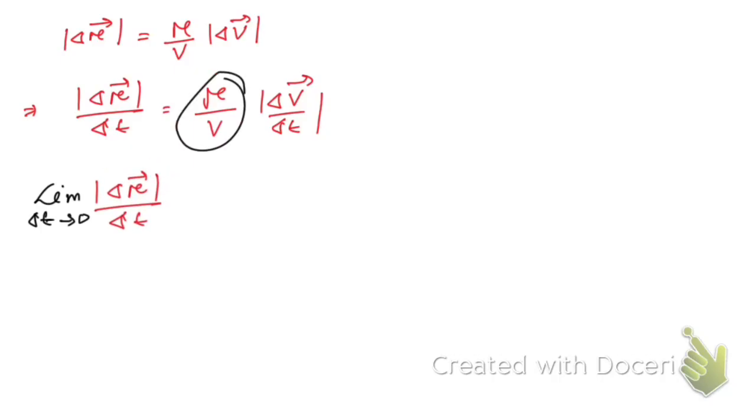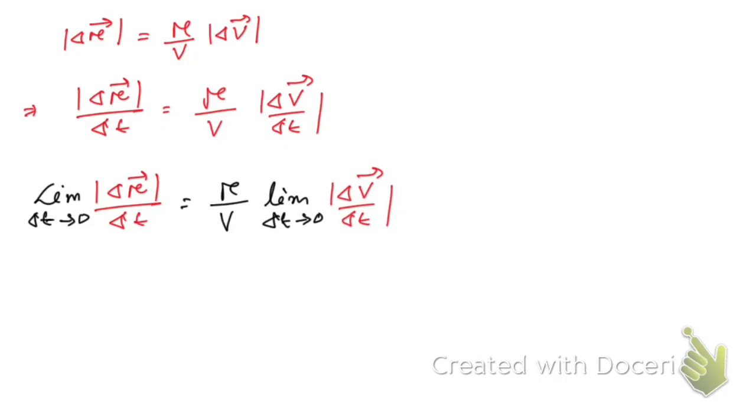This part is constant, so it can be taken outside of the limit. Limit del t tends to 0. Okay, let me write this here. This is what we have got.